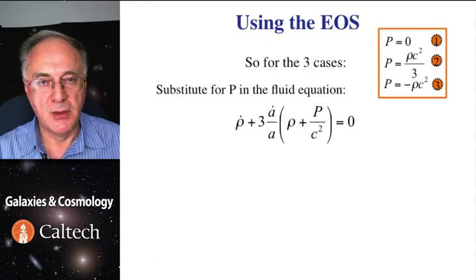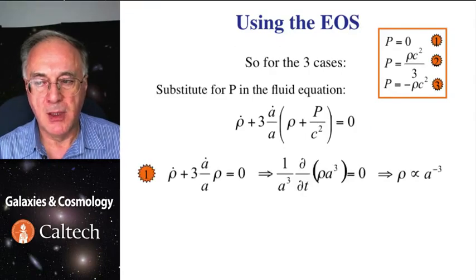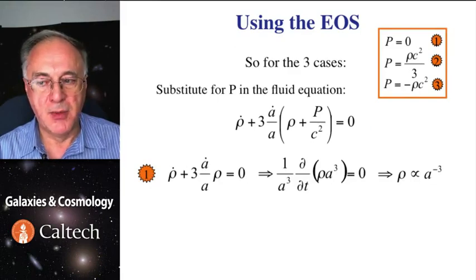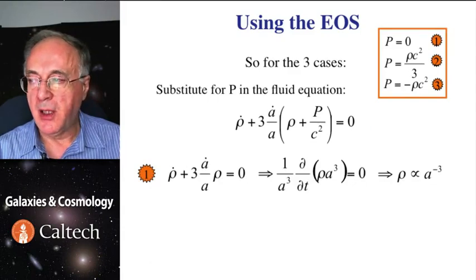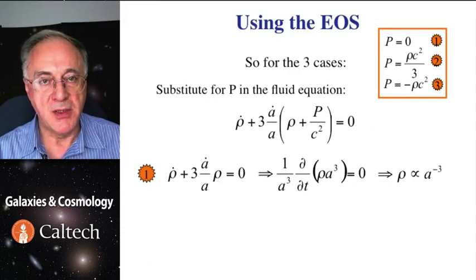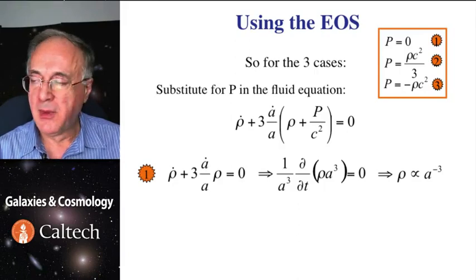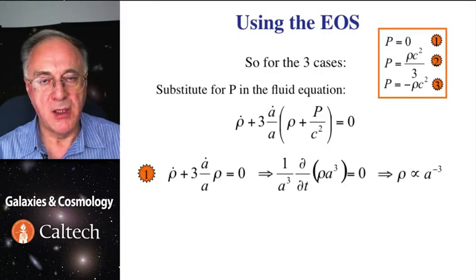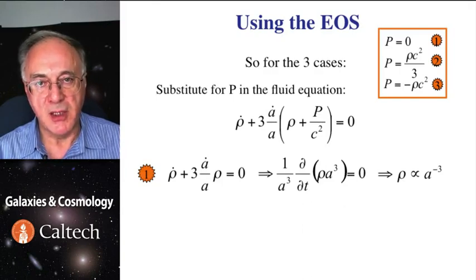So let's substitute three expressions we've seen before in the fluid equation. In the first case, behavior of ordinary matter, the equation becomes what's shown here, and as you solve it for the density as a function of expansion factor a, the solution is familiar, that density goes as inverse cube of the size.